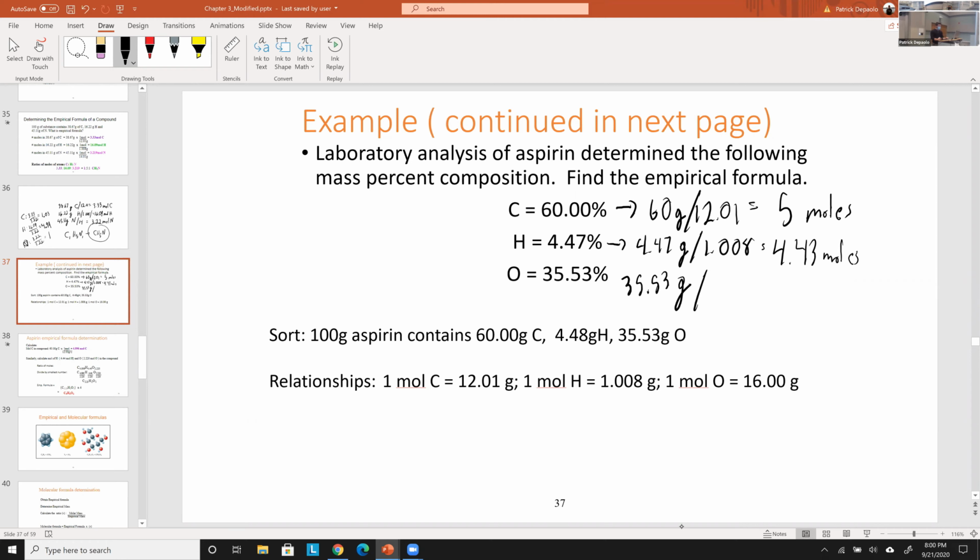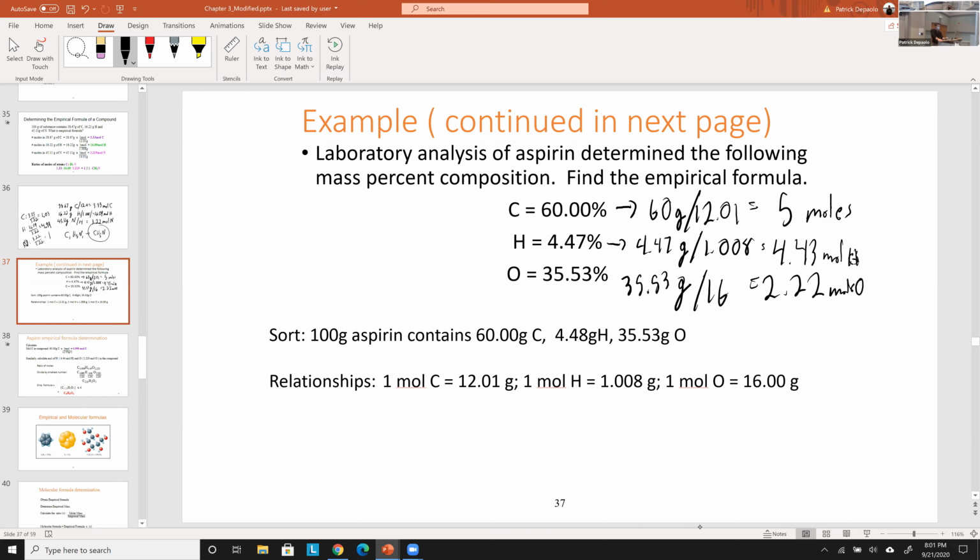And then we're taking 35.53 grams of oxygen, dividing it by 16. So 35.53 divided by 16, 2.22. 2.22 moles of oxygen.